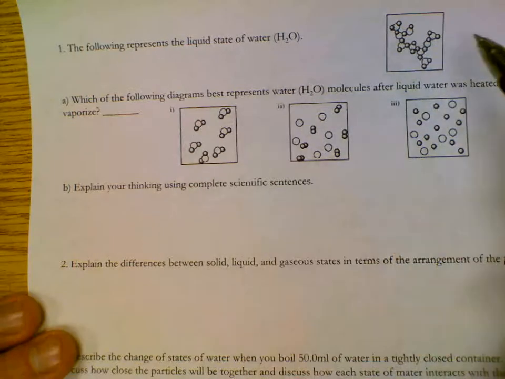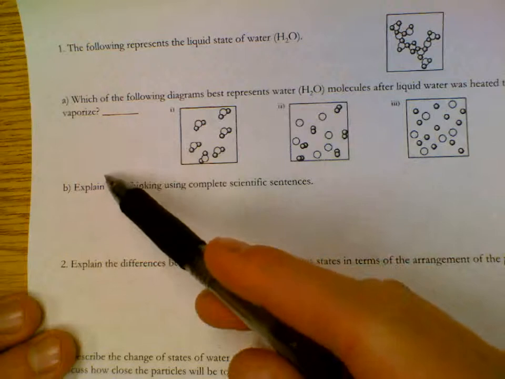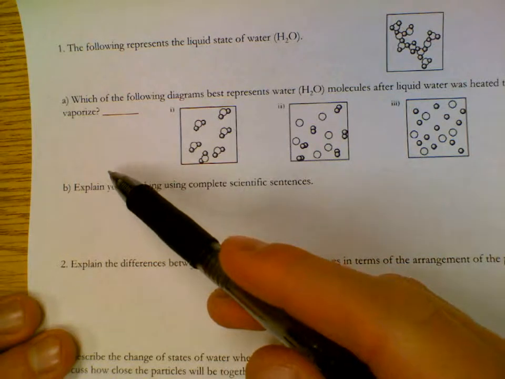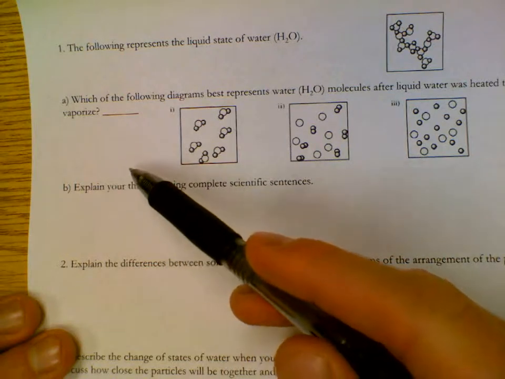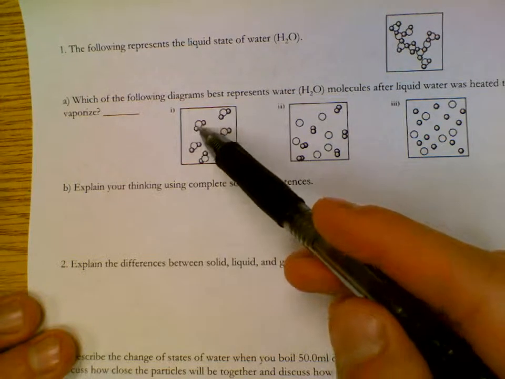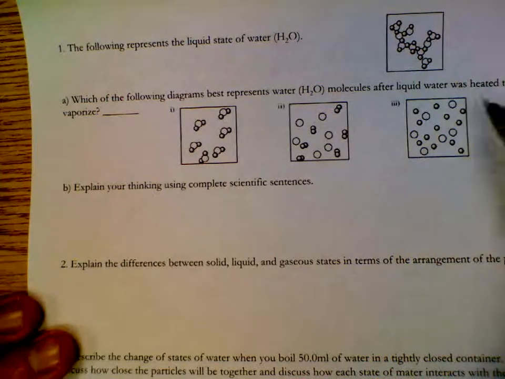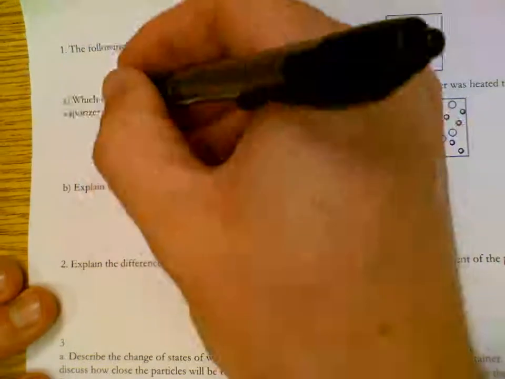Which of the following best describes water after it's been vaporized? Now, vaporized means to boil. So we still should have water. When you boil water, you still have water, it's just changing state. So this still looks like Mickey Mouses. This looks like the Mickey Mouses have been broken apart. These also look like Mickey Mouses have been broken apart.